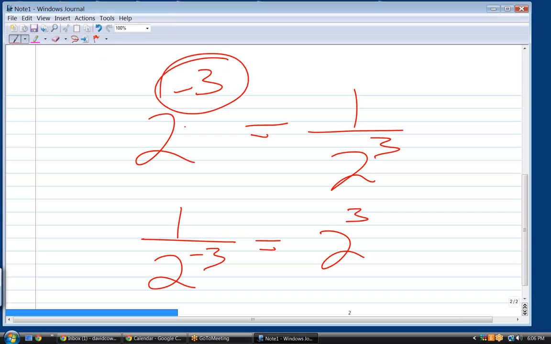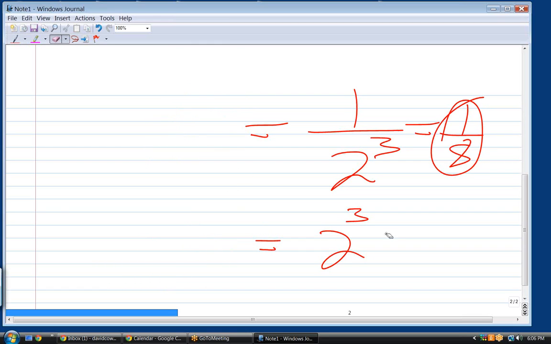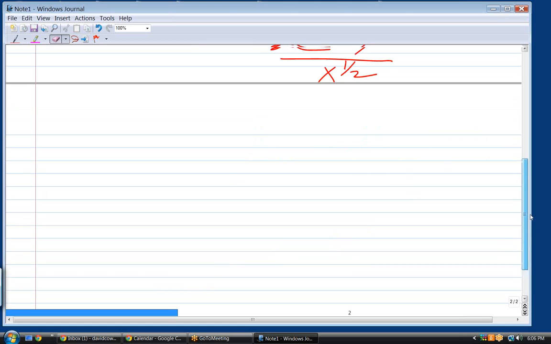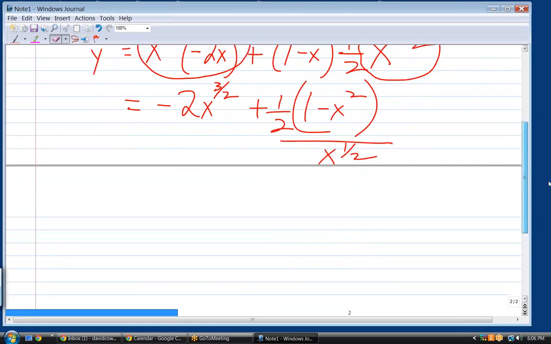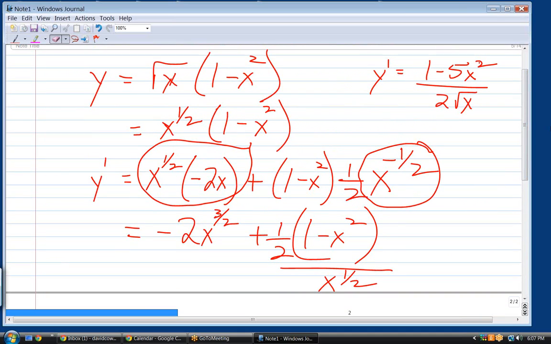That's essentially what negative exponents mean. They don't mean negative numbers. 2 to the minus 3 is 1/8, a positive number. Negative exponents just mean reciprocals. All right, so let's go back to this one and see how they end up with 1 minus 5x squared.